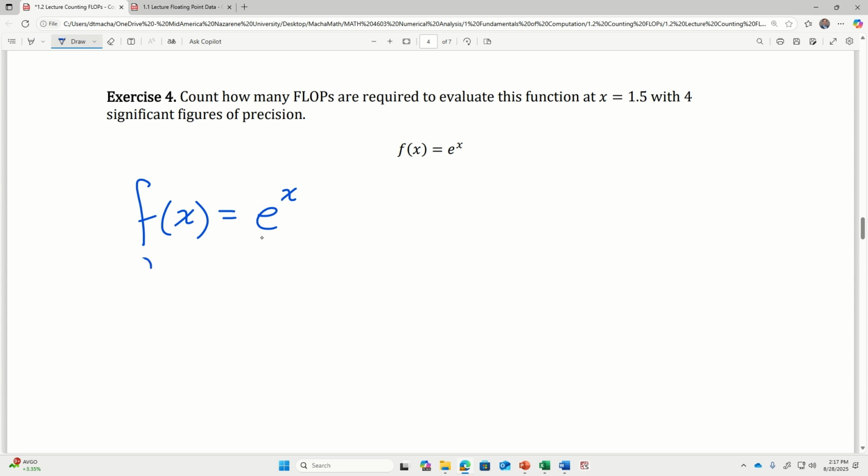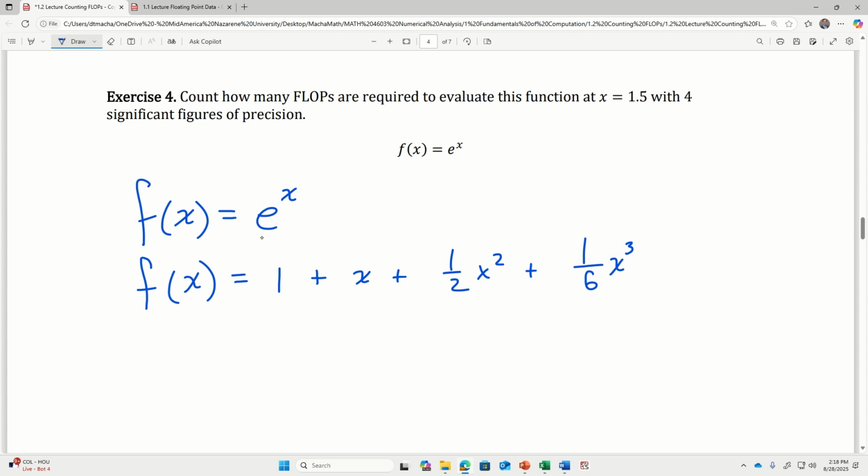So we are going to evaluate this function by saying that this is the same as 1 plus x plus 1/2 x squared plus 1 over... Shame on you guys.